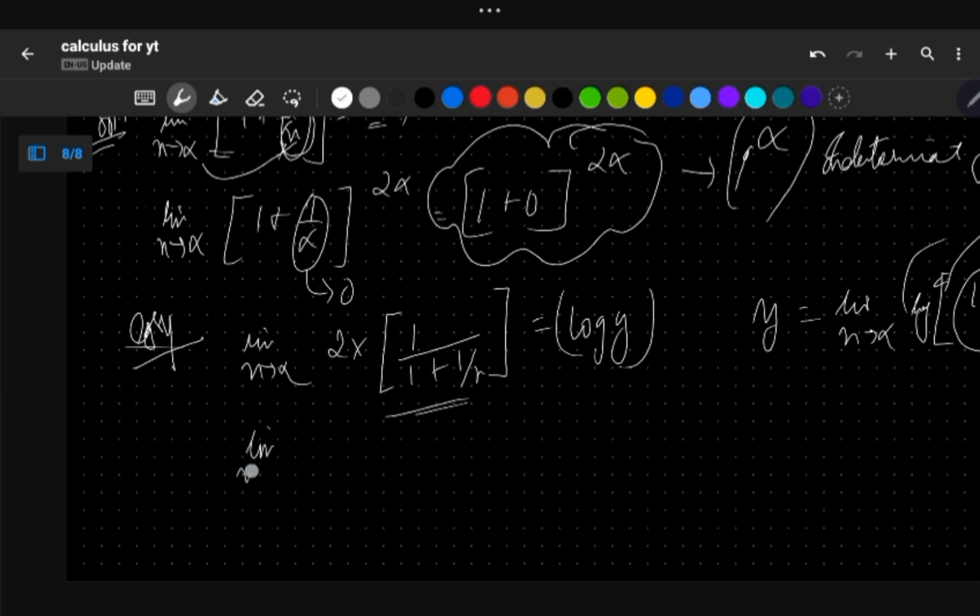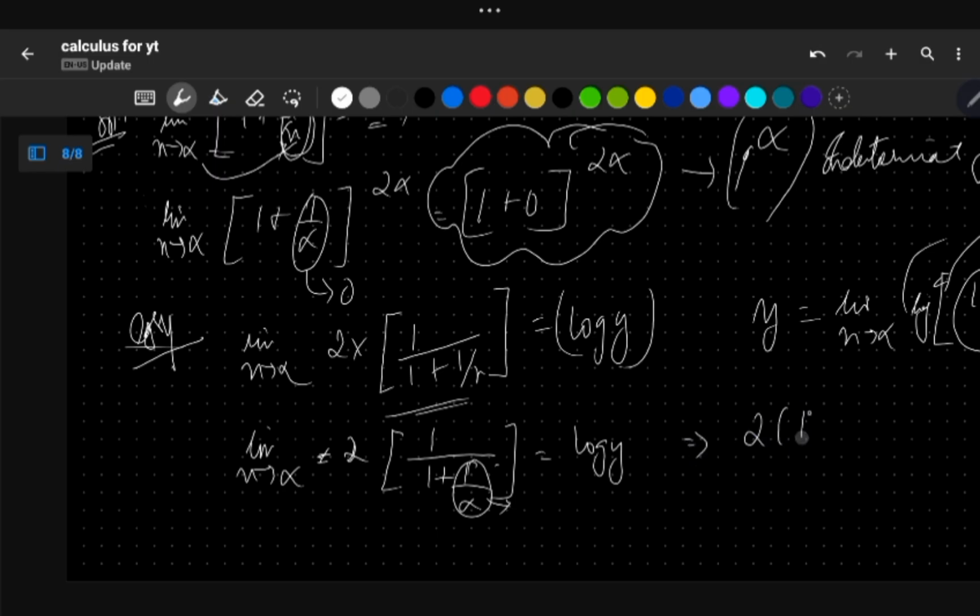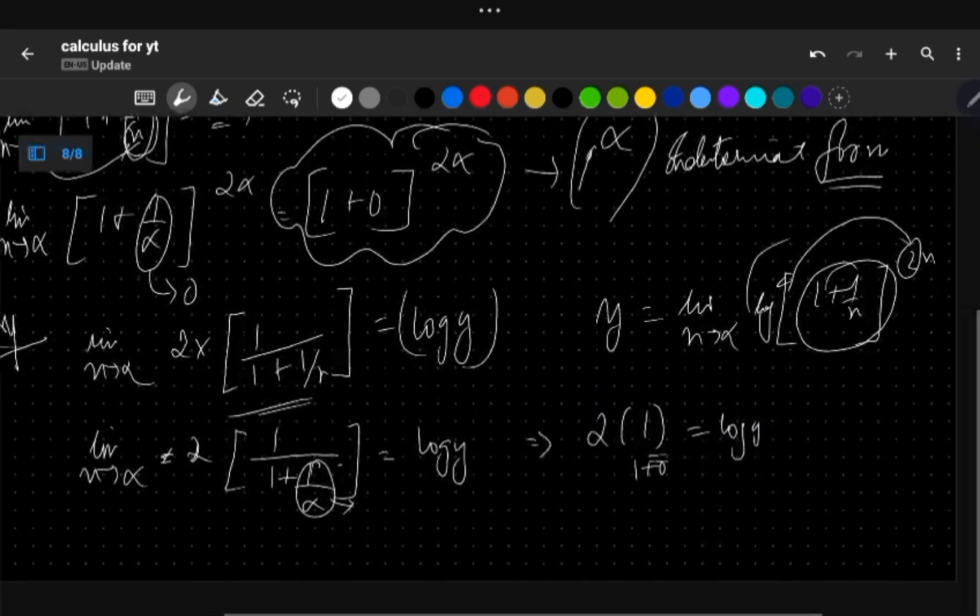This is the method. Now if we put infinity here, it becomes 1 by infinity, which is 0, so 2 into 1 plus 0 equals log y.